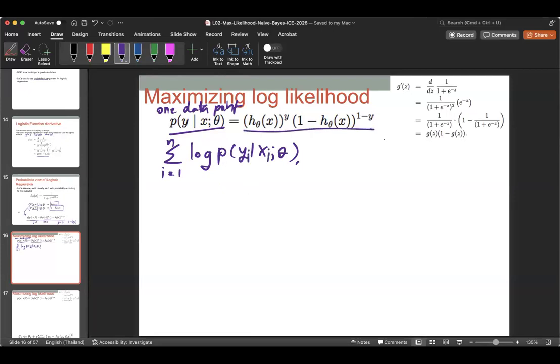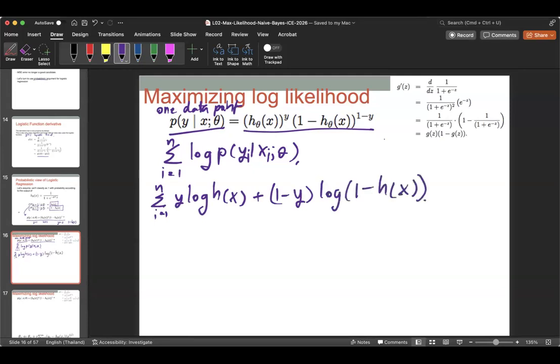Then we take the derivative with respect to theta, to find the model, since our theta is inside these functions. So let's take the derivative.